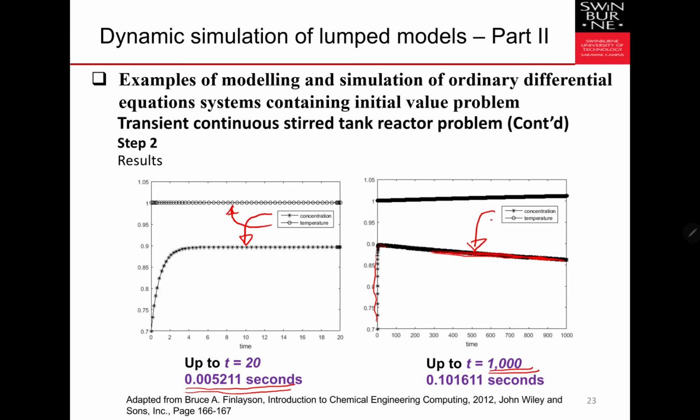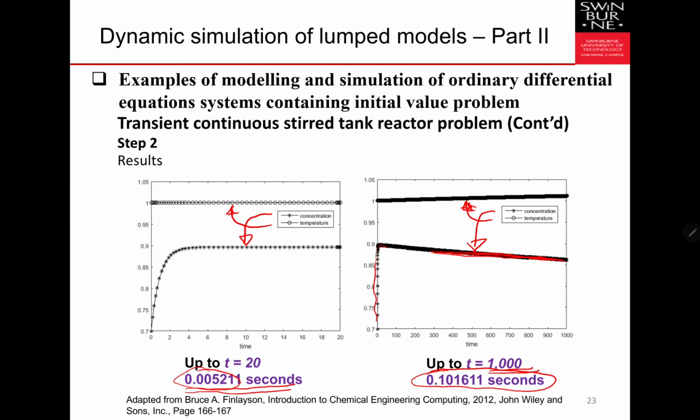The temperature that we think is already constant, now we can start to notice that it's basically increasing, but the increase is very slow. And then what we can see again in here is that once we change the final time to 1000, the computational time required becomes higher by 2 orders of magnitude, from 0.005 to 0.1.